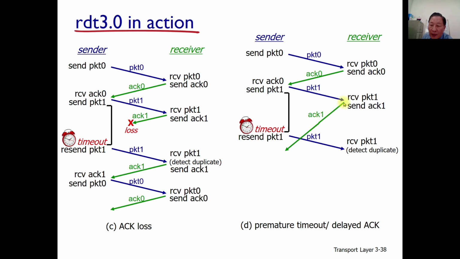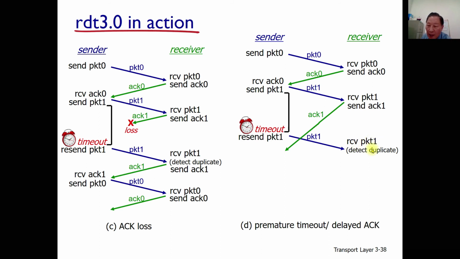But actually that acknowledgement will arrive there after a certain amount of time successfully, but prematurely the sender is retransmitting. Then the receiver is receiving a duplicate packet, the same packet 1.